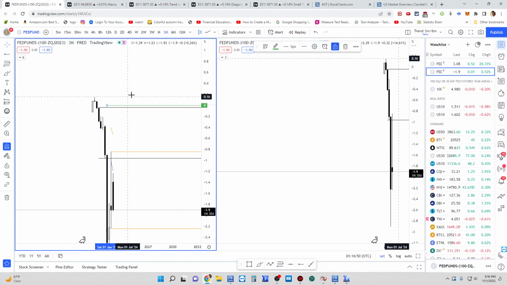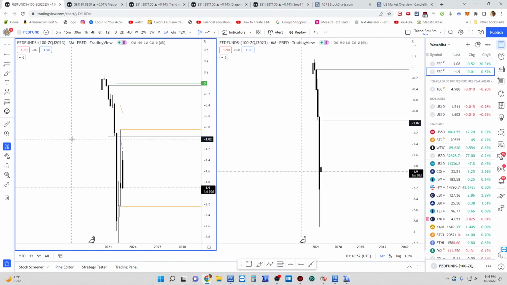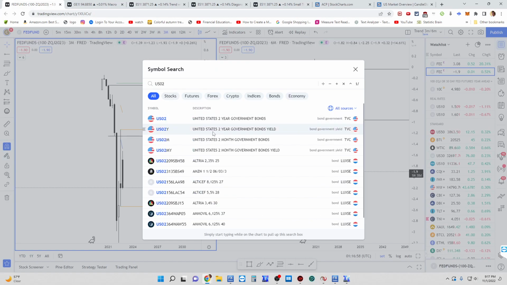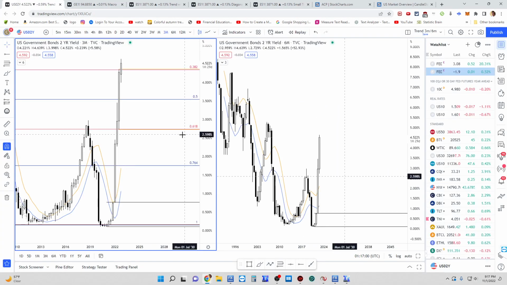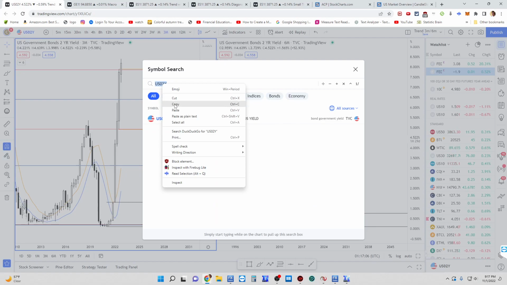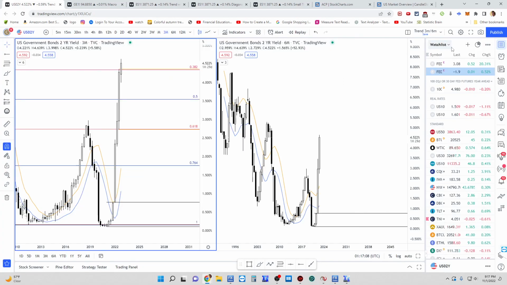Okay. And if you wanted to do the 2 year, we could. So US 02. Minus Fed funds. So we could do the opposite. We could do Fed funds minus the 2 year.